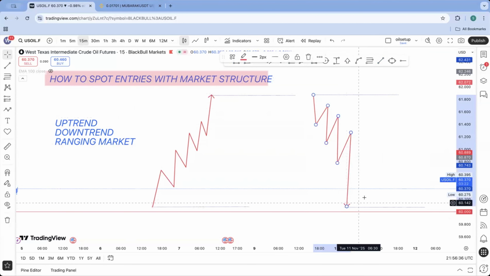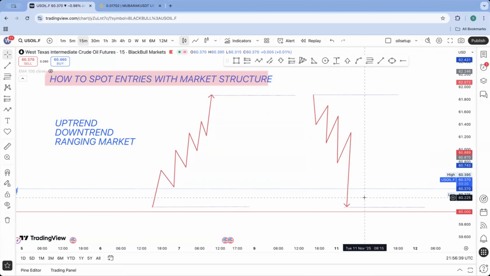Yeah. So for us to be able to spot entries with the market structure, we need to follow the direction of the trend. Like I said, you can start from the weekly or daily or 4-hour time frame, or you can also come to the 1 hour to look at the direction of the trend, depending on how long you want to hold your trade.